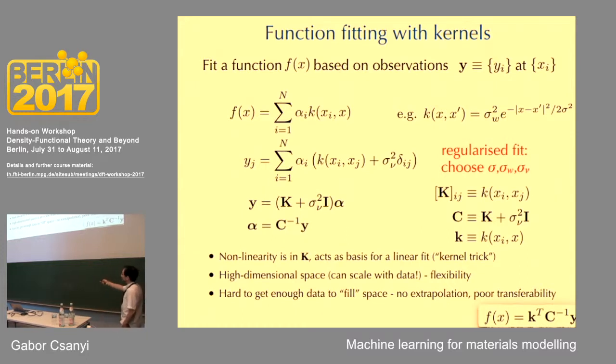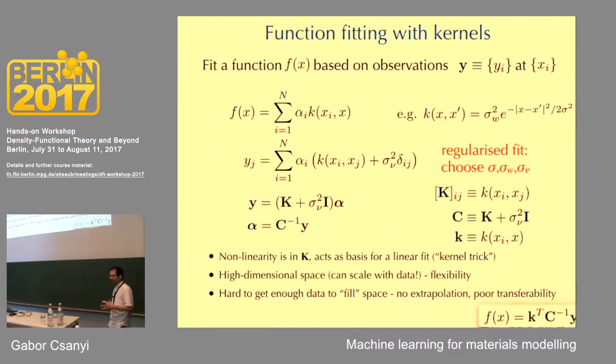So the dimension of the space in which you're doing the linear fit changes. If I get more data points, I can dramatically increase the number of degrees of freedom. And that, again, is a deep idea: the more data I have, the more degrees of freedom I have in order to fit the function. And it's hard to get enough data to fill space.